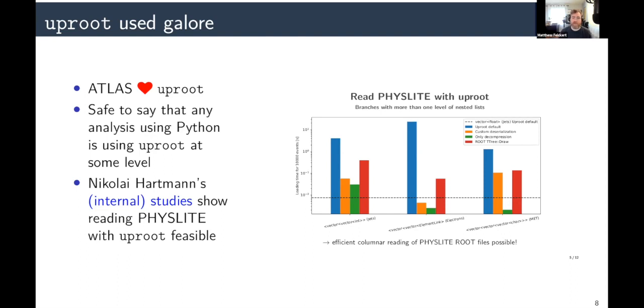And so on the right-hand side, this is a slide that I grabbed from an internal talk, but I think there's nothing that can't be shared here today.